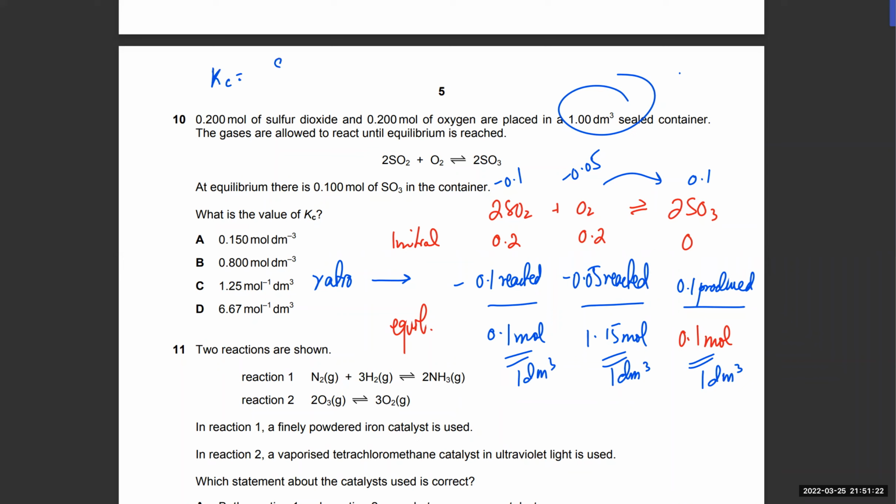So it's going to be SO3 concentration, that's going to be squared, divided by SO2 concentration, that's going to be squared as well, into O2 concentration, right?